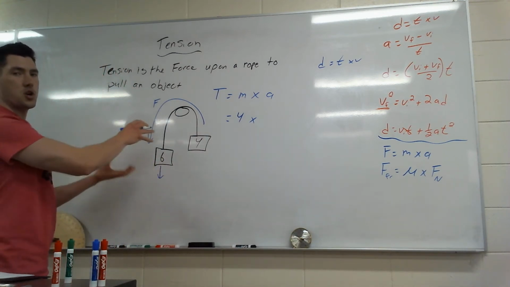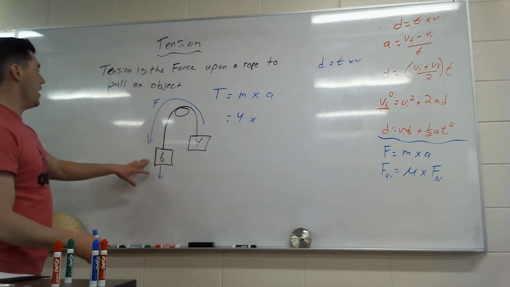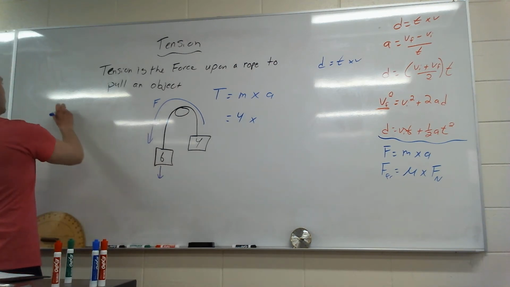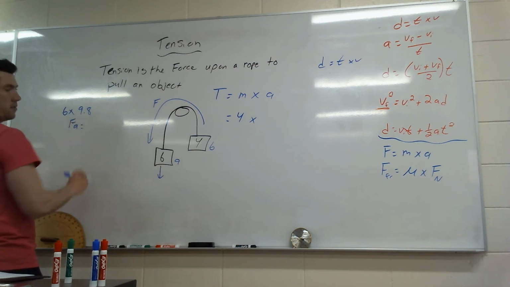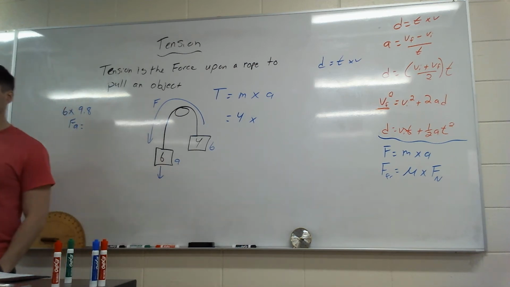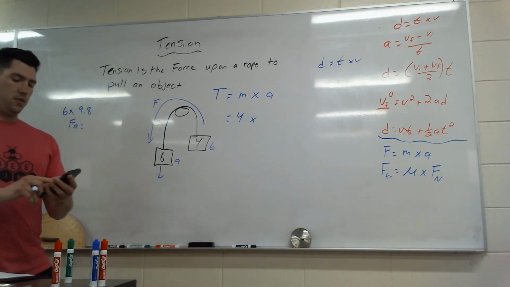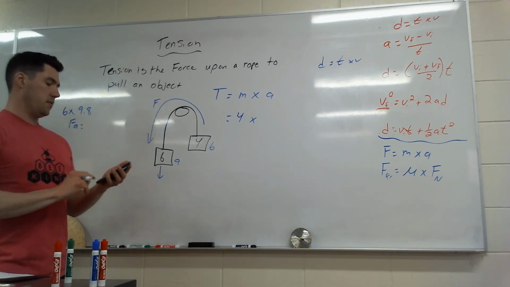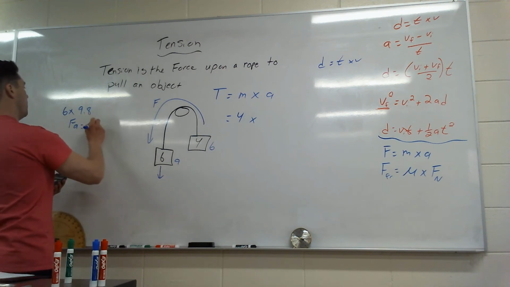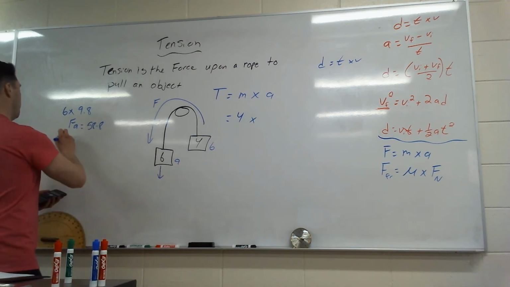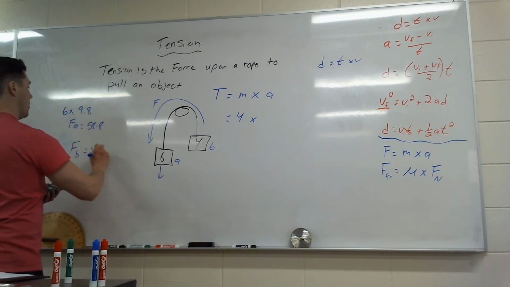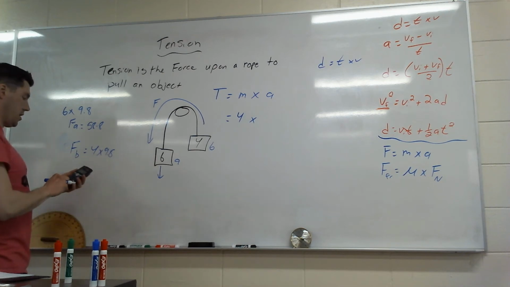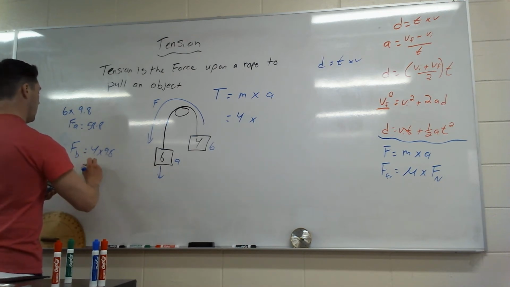Let's figure out the actual acceleration of this system. I have a force here: 6 times 9.8. We're going to call these A and B. Force of A equals, where's my calculator? There it is. 6 times 9.8 is 58.8. For force B, 4 times 9.8 is 39.2.